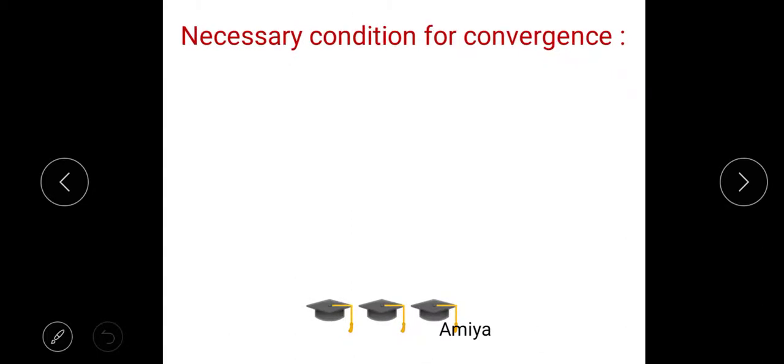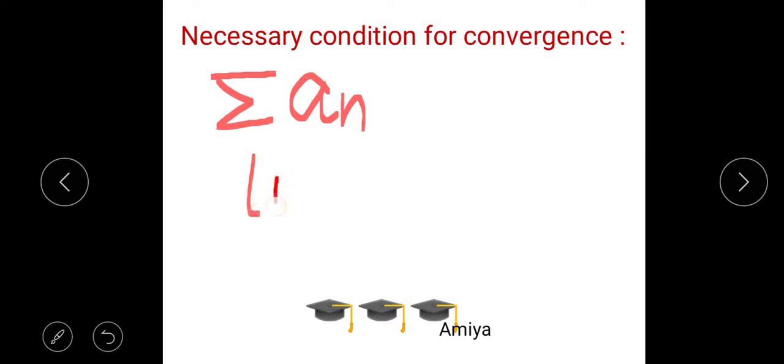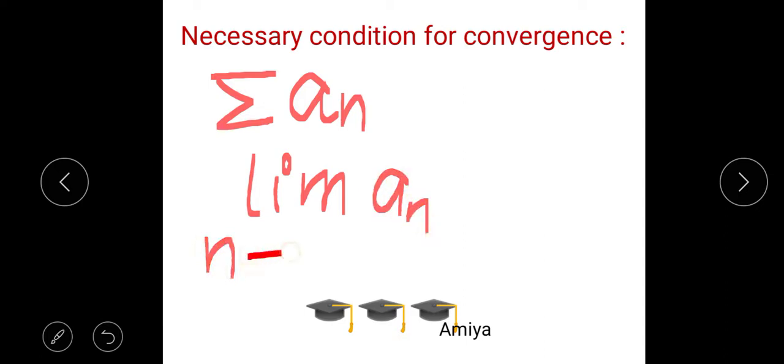At first, we should know what is the necessary condition for the convergence of infinite series. So I am writing here, let us take a series, summation an. Now the condition for convergence, that is the necessary condition, is limit an when n tends to infinity must be equal to 0.